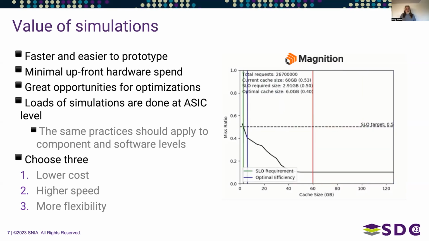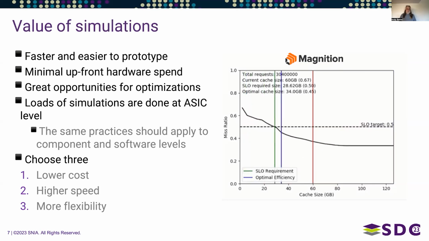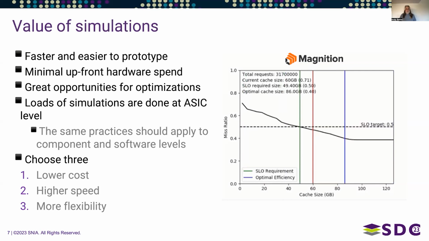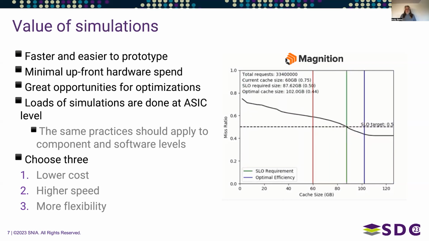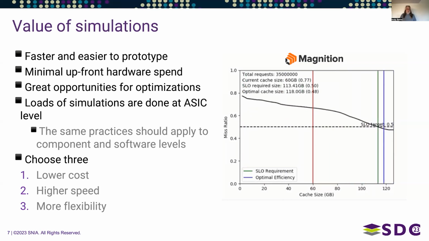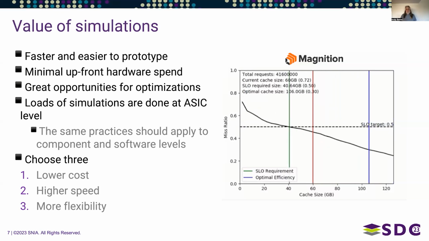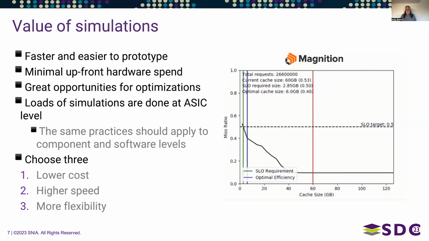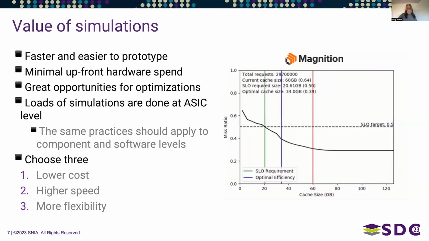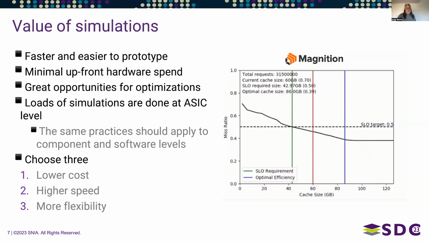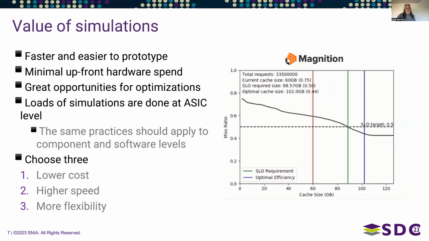The same isn't true about software. Software seems to be a hit or miss proposition, and there's no reason why software shouldn't be run through simulators just like hardware is. The benefits of this are decreased cost, increased speed, and way more flexibility than you would have just trying to build genuine systems or trying to guess what would be the appropriate way to do things.